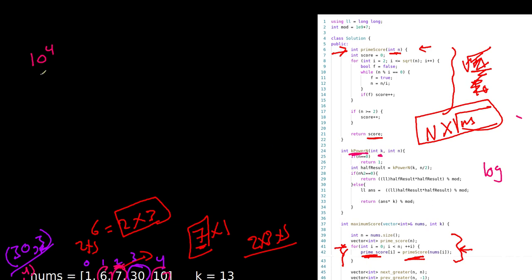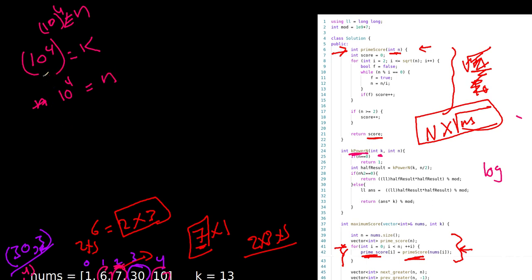So k is the original number, and n is the exponent, so here 10 to the power 4 equal n.